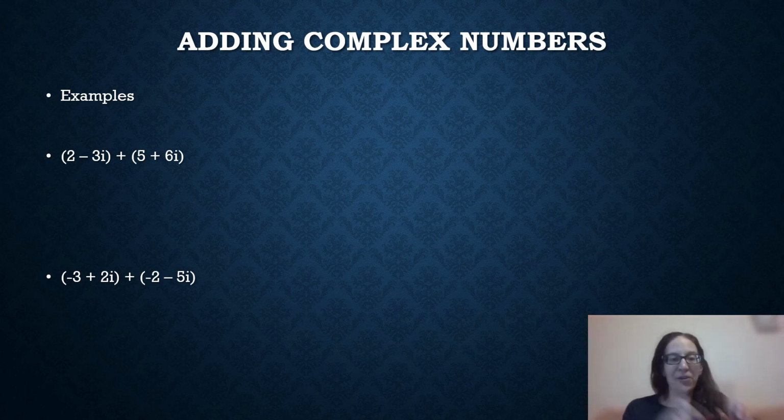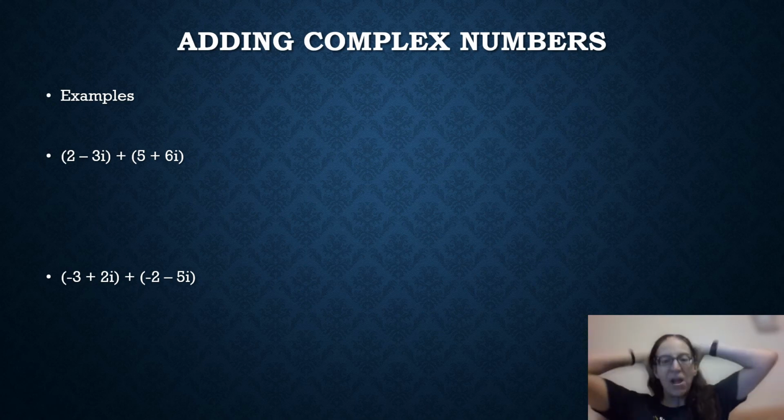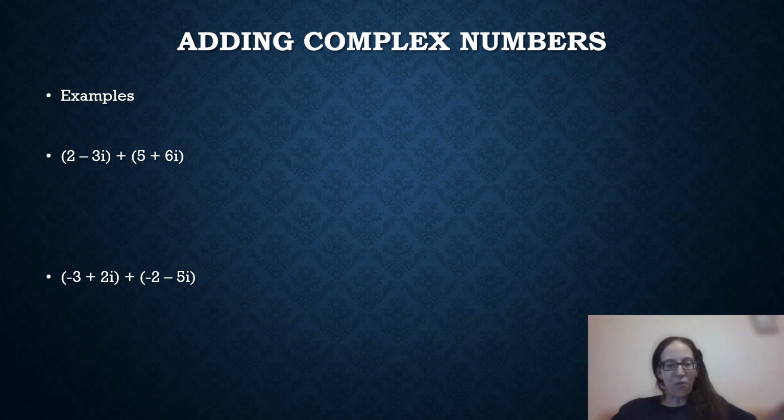A variable is an unknown. i is not an unknown. We know exactly what i is. i is the square root of -1. So it's definitely not a variable, but it is represented by a letter, and therefore we can treat it the same way that we would treat other things that are represented by letters, namely variables.